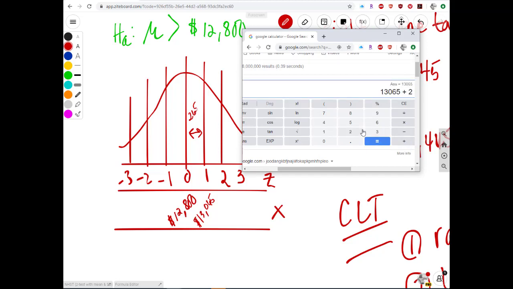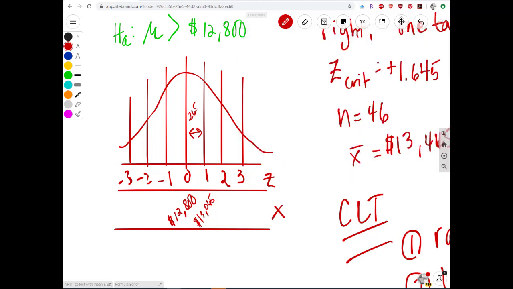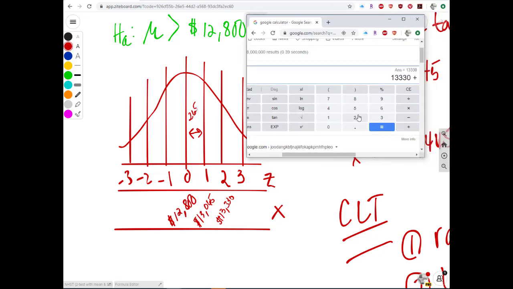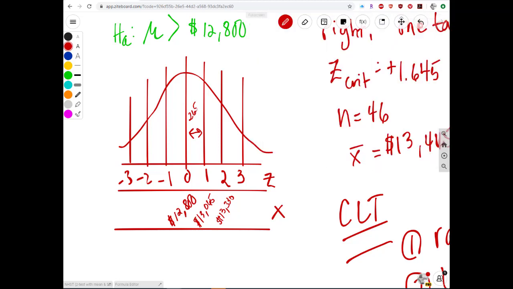Plus 265, 13,330. Add it one more time. 13,595.